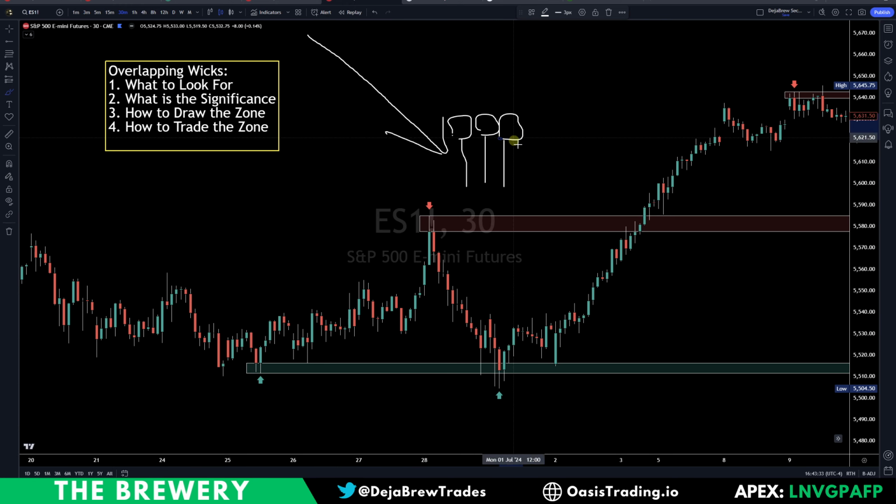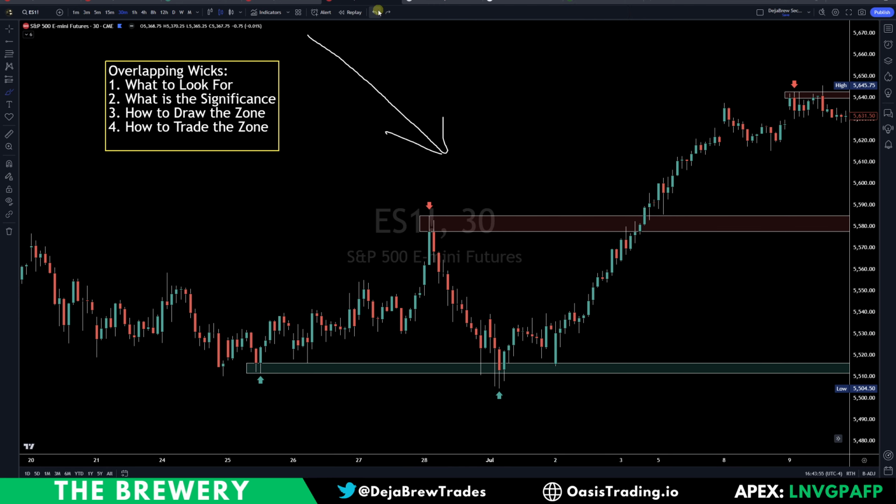Obviously this is best case scenario, you're not going to typically see 3 hammer candles back to back. Let's just say we have 3 hammer candles all back to back like this. That would signify that the buyers are finding a lot of value on those lows, and they are attempting to reverse that prevailing trend. Okay.